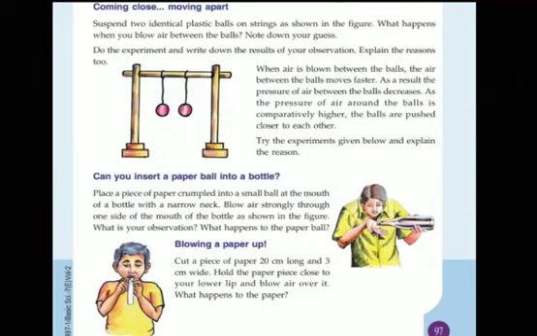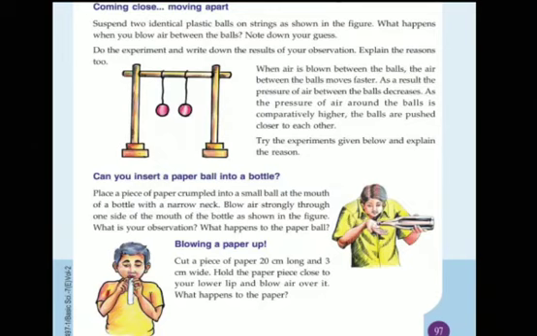First, you can see a diagram. You suspend two identical plastic balls on strings, as you can see from the picture. Then you try to blow air between the balls. When you blow air between the balls, the air between the balls moves faster. As a result, the pressure of the air between the balls decreases.